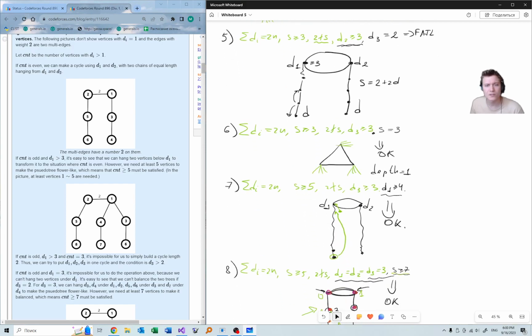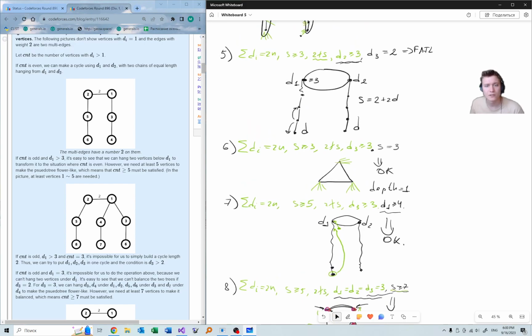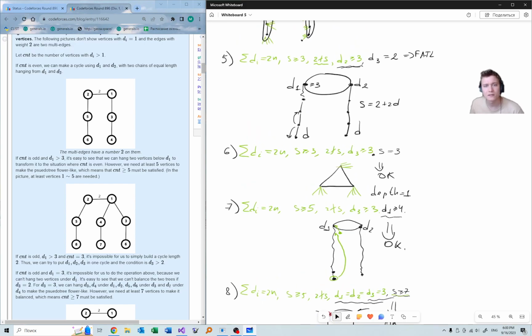This works if d1 is at least 4. So I think I should swap the case 7 and put the 7th case up to the place of the 5th case. Because if d1 is at least 4, then actually we can make this restructurization. Do we?